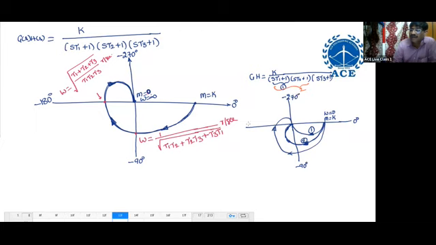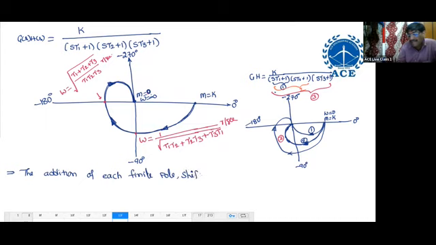That means what is the conclusion? The addition of each finite pole shifts the ending angle by minus 90 degrees in the clockwise direction.